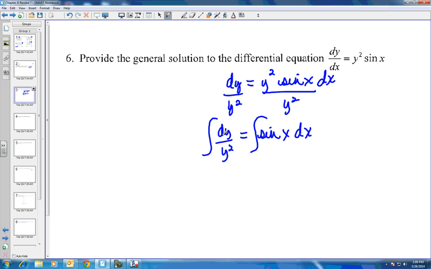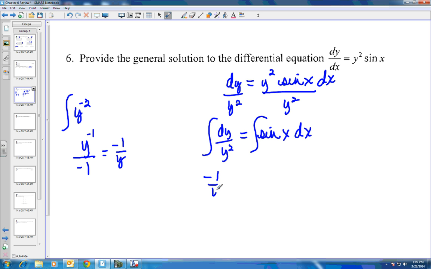So when I integrate 1 over y squared, couldn't I write that as y to the negative 2? Okay, when I integrate y to the negative 2, I add 1 to the exponent, divide by my new exponent. So when I integrate this, I actually have negative 1 over y. So that's what I have on this side.